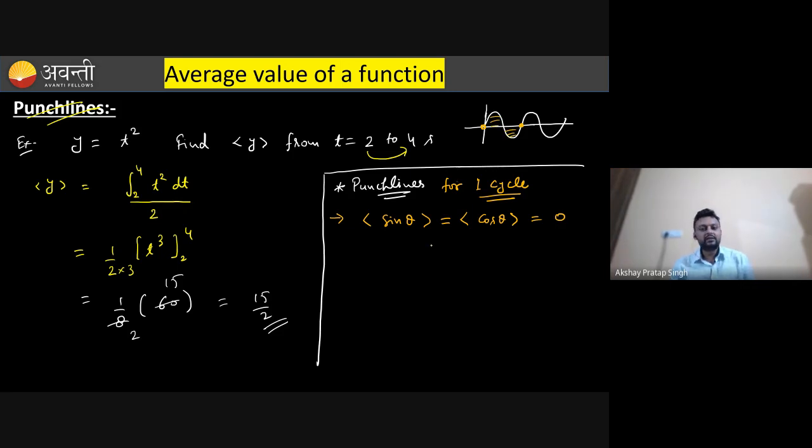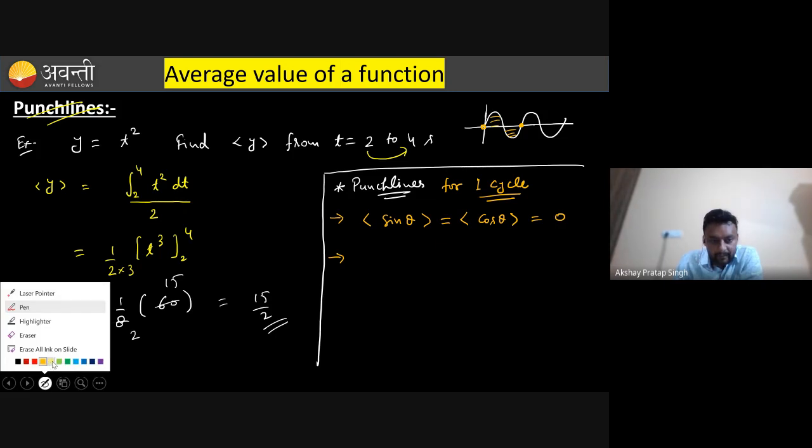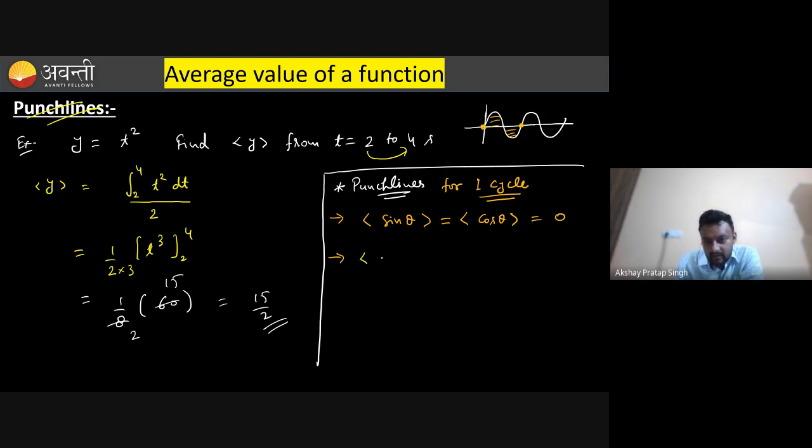So for one complete cycle, the average value of sine theta and cos theta is zero. Similarly, the average value of sine 2 theta and the average value of cos 2 theta is also zero.